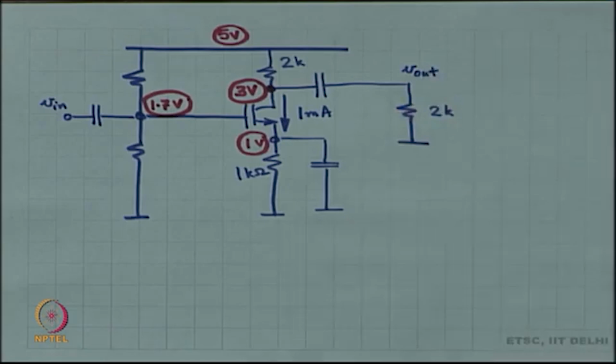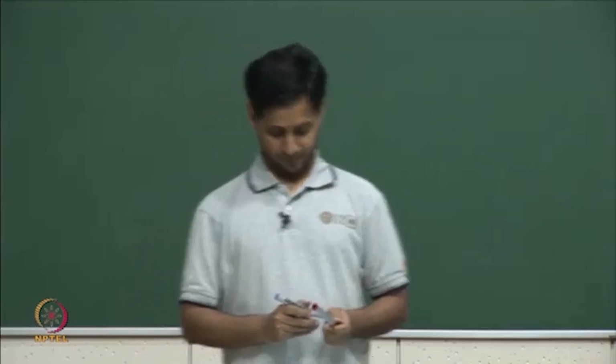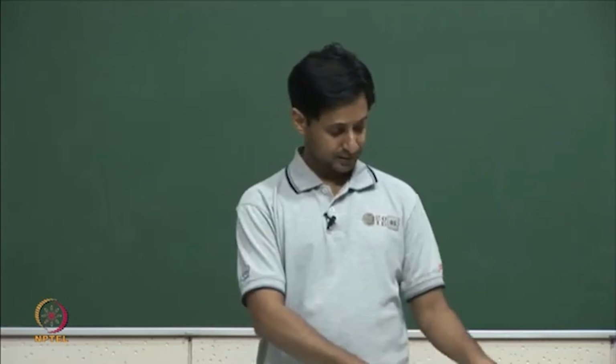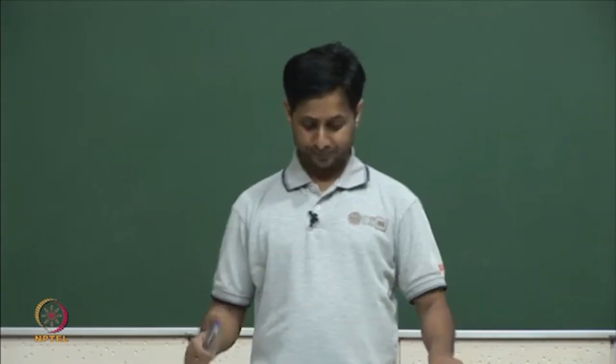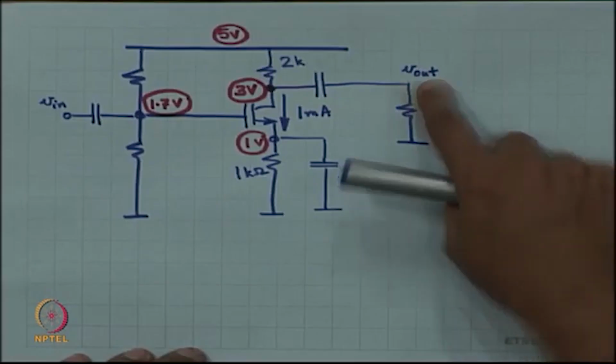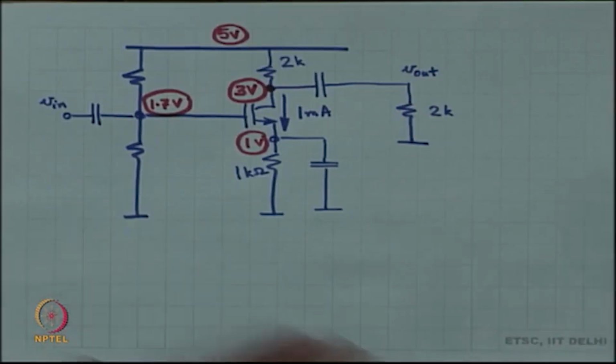Okay. Now, what is going to happen? Let us find out the limits. Limits are how high can V out go and how low V out can go. What is the lowest value of V out? What is the highest value of V out? Okay.